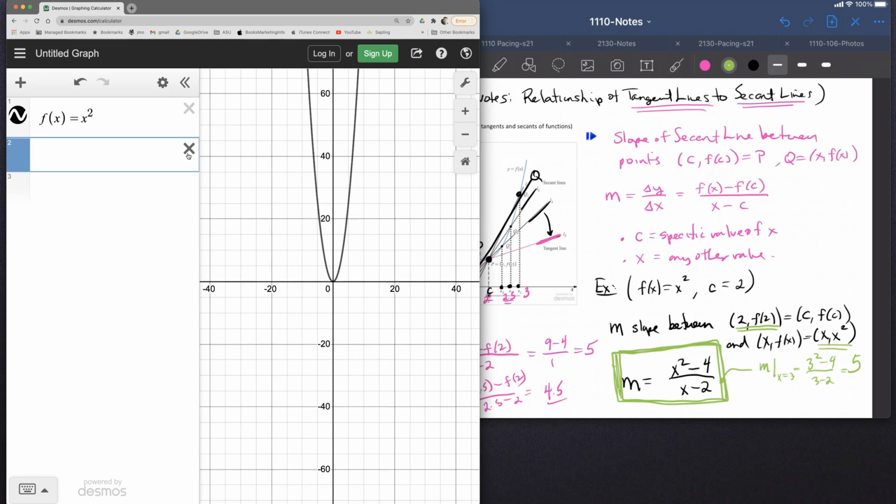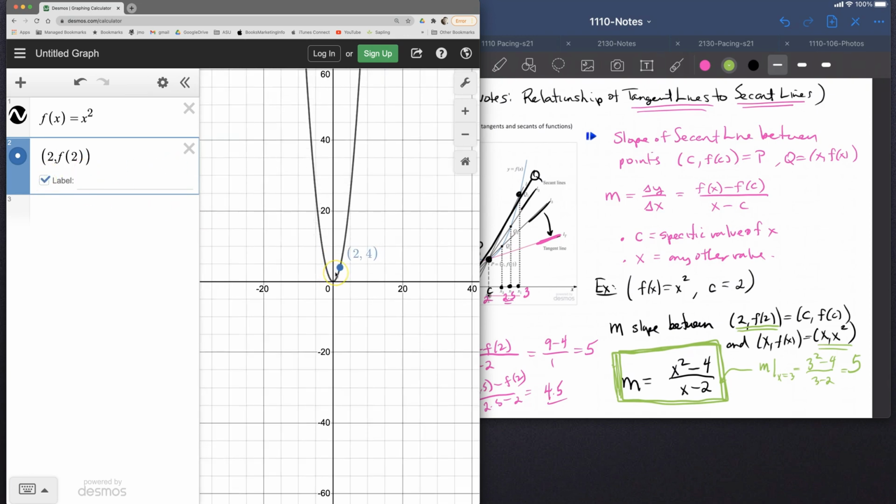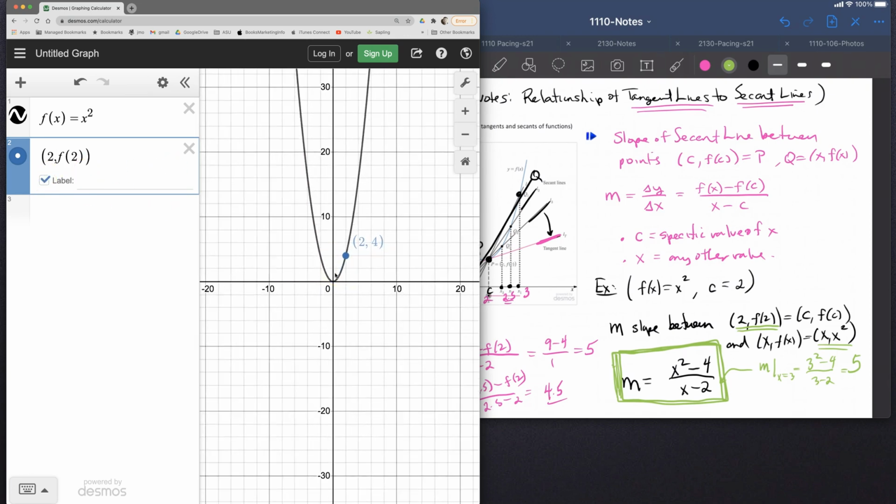Notice that we can create 2 comma f of 2. There is a point that we can see on the x squared function. That's our specific value and the specific point P on the function. And then we can create x comma f of x.